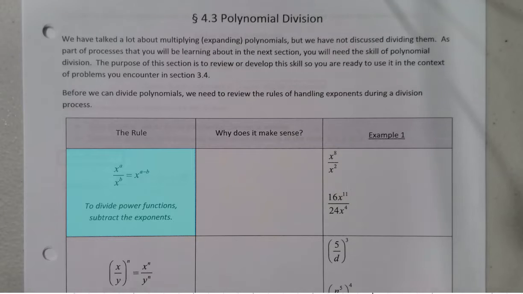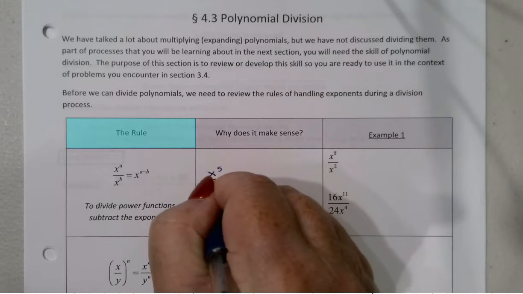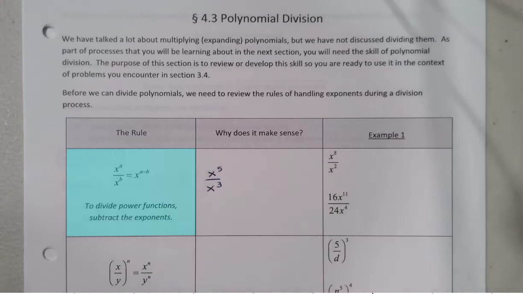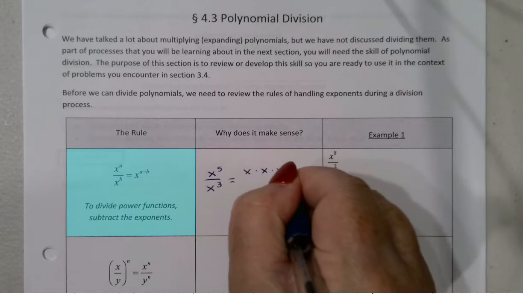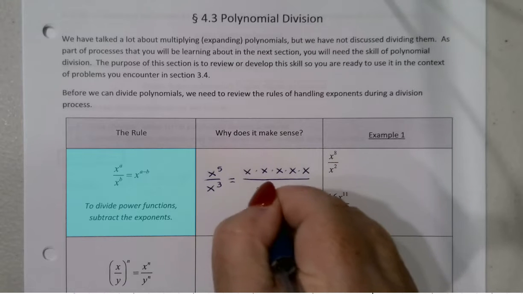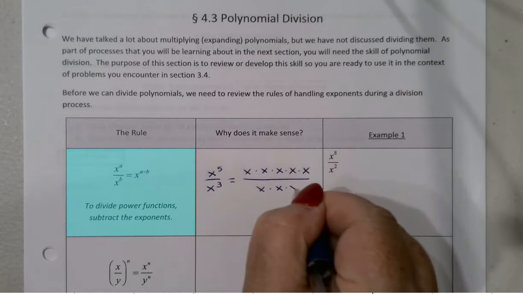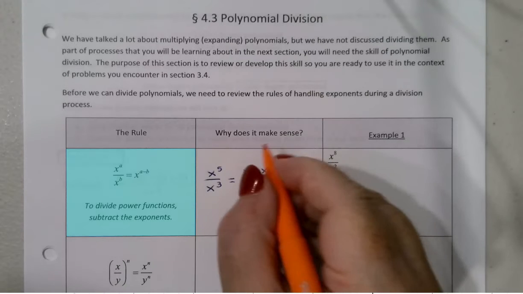If you think about that for a moment, if I wanted to take x to the fifth and divide it by x to the third, if I were to actually write that out, x to the fifth divided by x to the third, notice that we would be able to reduce our fraction several times, right?